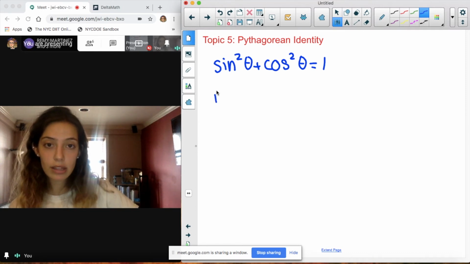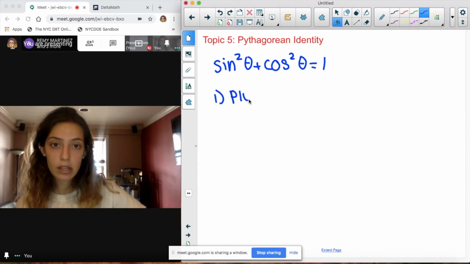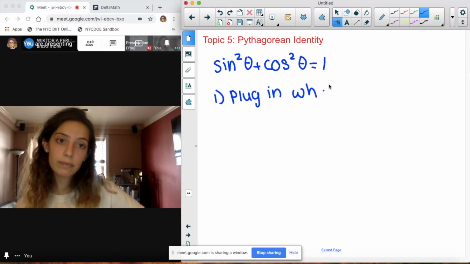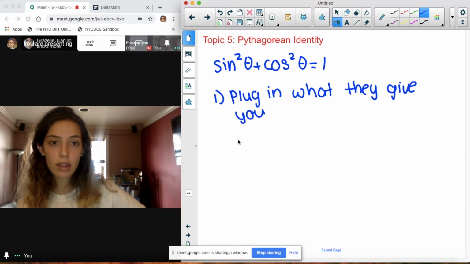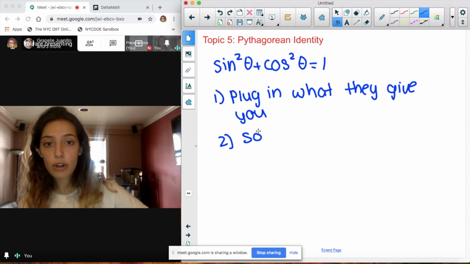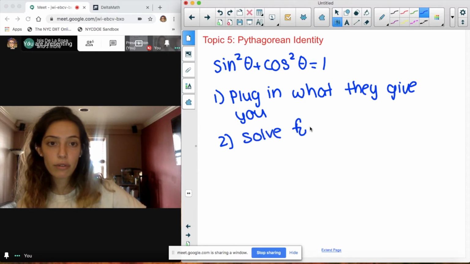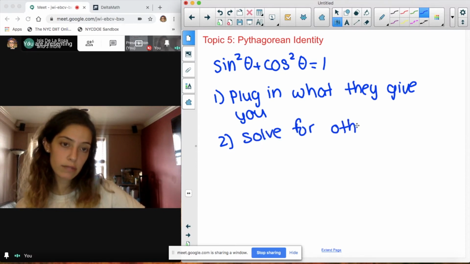So why don't I write the steps here? So plug in what they give you. Then you have to solve for the other trig function.